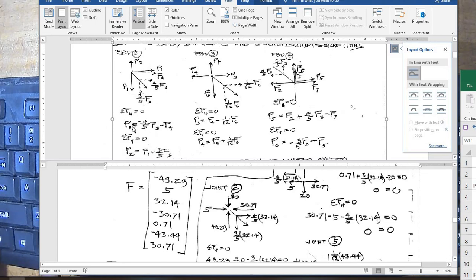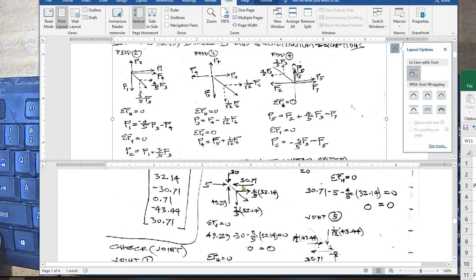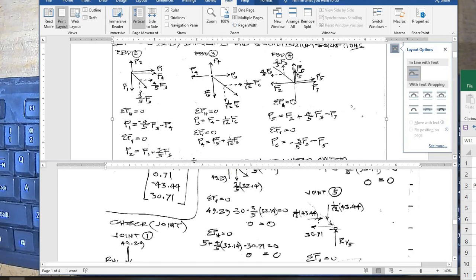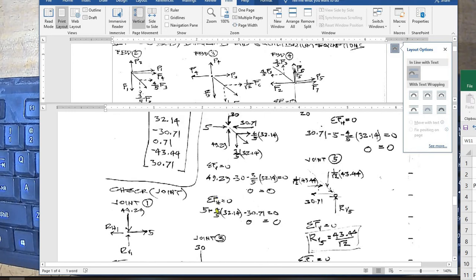You don't even need to look at this, you can solve here. This is your basis. Summation of horizontal forces equal to 0. So 5 is positive plus 4/5 of 32.14 minus 30.71 equal to 0.